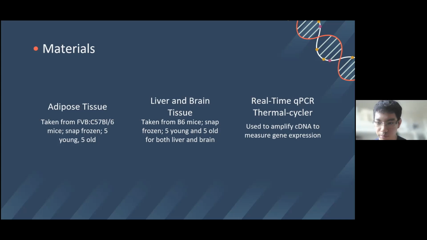As mentioned before, the real-time qPCR thermal cycler was used to amplify cDNA to measure gene expression. To add on, the adipose tissue was taken from the perigonadal adipose depot of the female chow-fed diet mice.